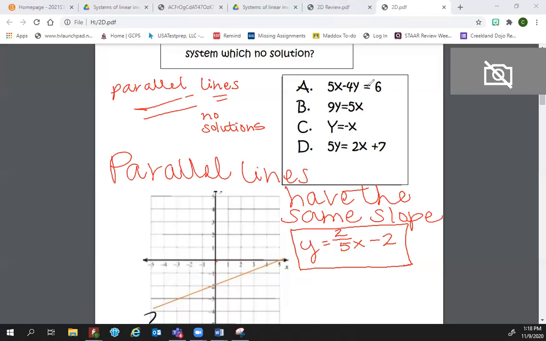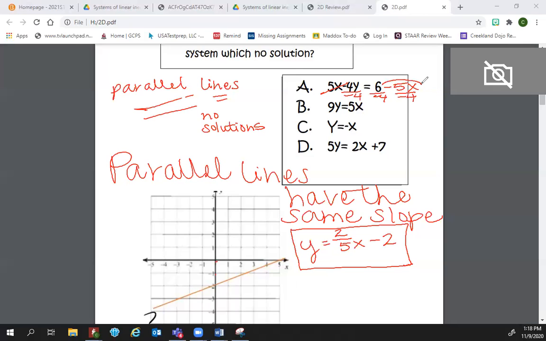Do I know the slope of any of these lines yet? No, because what's not by itself? Because y is not by itself. So let's check this one. So obviously add or subtract the coefficient of x, good job. And then divide by -4, divide by -4, divide by -4.